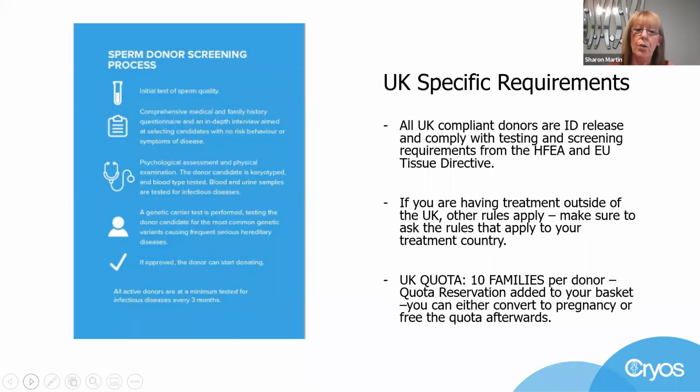So when you said the quota is 10 families per donor, when that child is 18, will they be able to access information on other children conceived by that donor? Not from us, but we know that informal groups on Facebook and things like that have been done, but we don't do that.